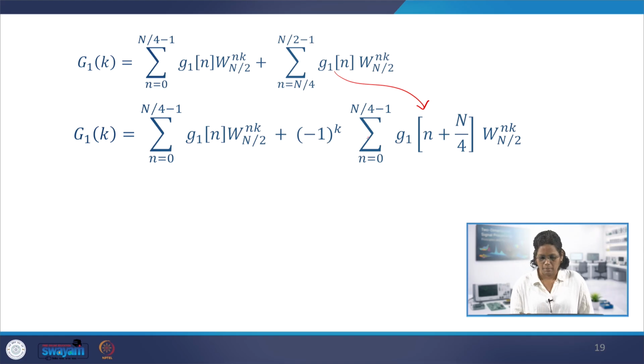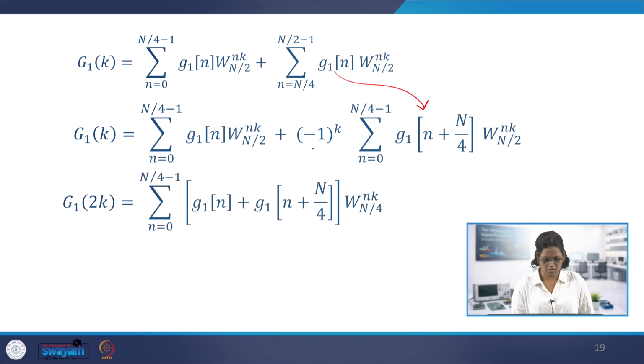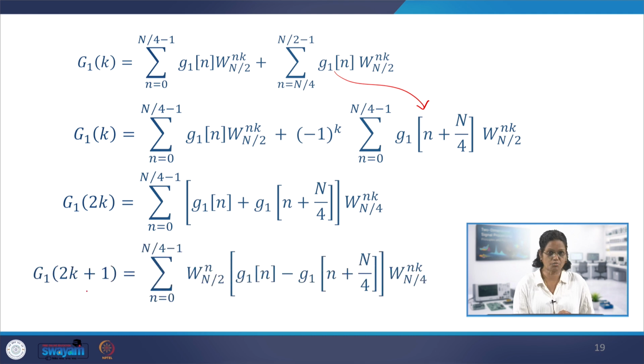Now minus 1 to the power k, which is divided out of this part, make it minus 1 to the power k like in the previous case. So we get G1 decimated into G1 2k and G1 2k plus 1. This is one portion of G1 alone, taking it into one butterfly, and this is another butterfly, for k varying from 0 to n by 4 minus 1.